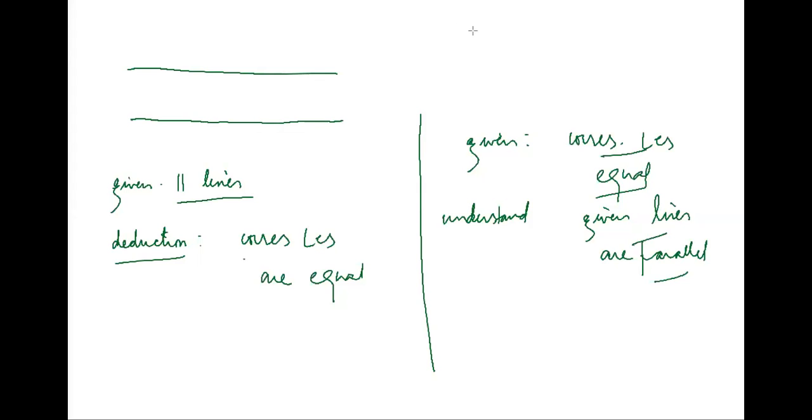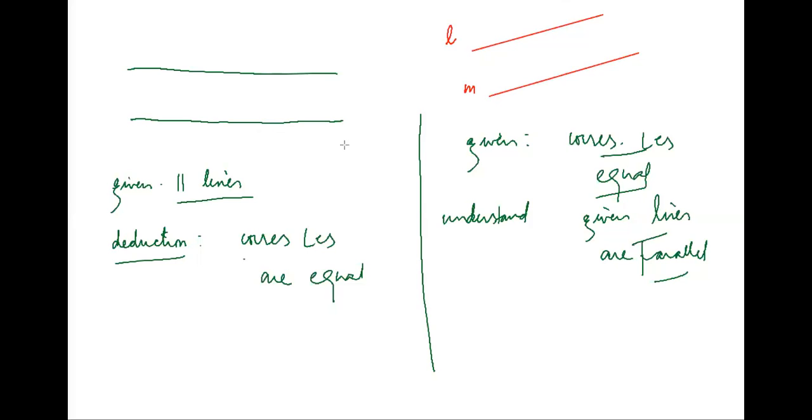We can prove that. Let's say this is one line and this is the other line. The names of these two lines are L and M. How can you prove these lines are parallel? Simply do nothing but just draw a transversal.